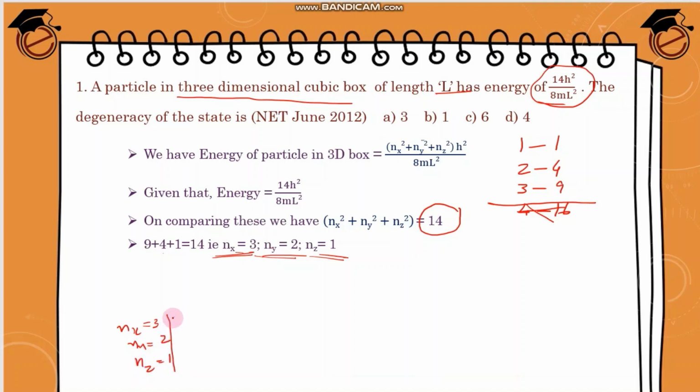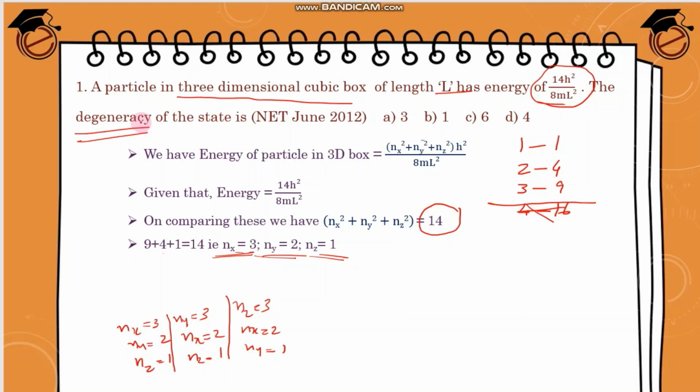This can also be ny equal to 3, nx equal to 2, and nz equal to 1. Similarly, nz can be 3, nx can be 2, and ny can be 1. Like this we can write a lot of combinations, and that is what is called degeneracy.